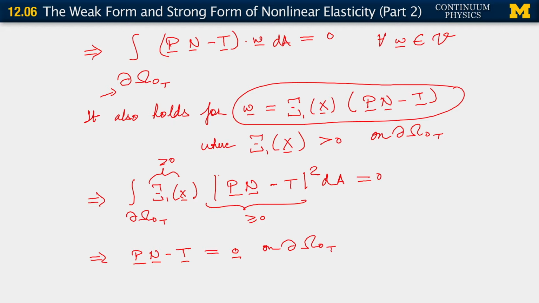So, through our variational arguments, let us look at what we have. What our variational arguments have led us to is this following set of equations.